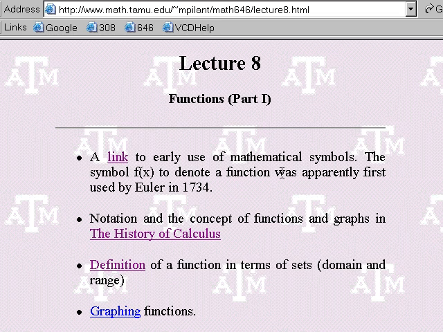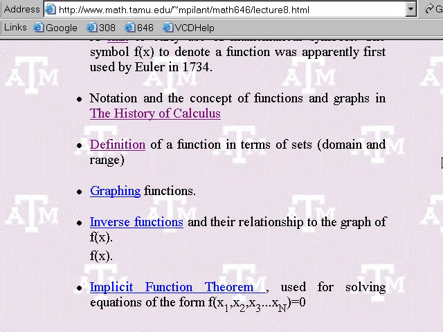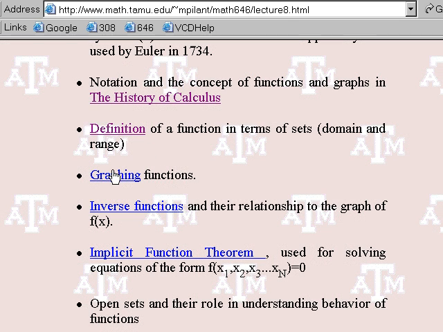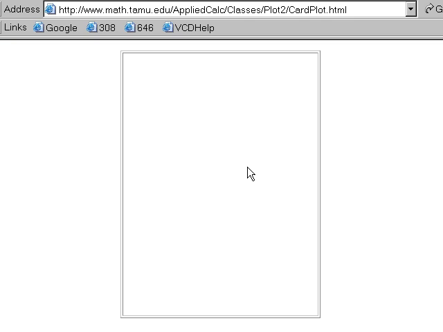Now, I have actually written, for other purposes, things that can graph functions. This is an example of a Java-based applet where you can type in the name of a function and it will graph it for you. Actually, it even scales nicely, hopefully. Let's see if it'll fit in here.